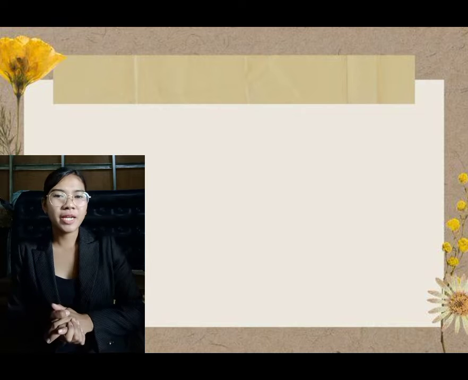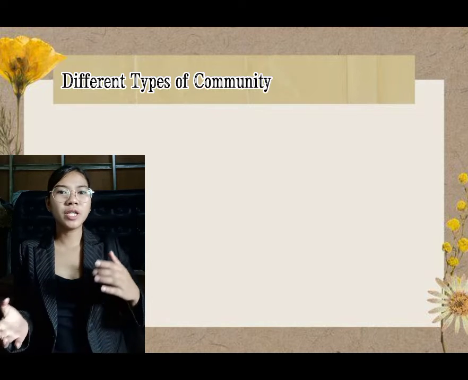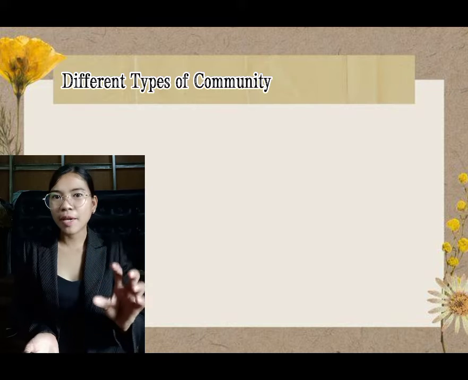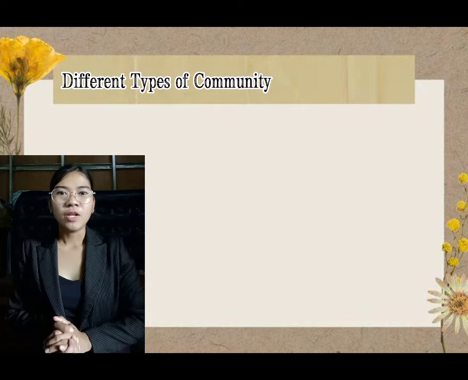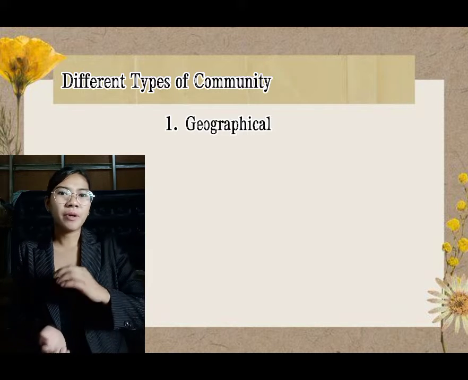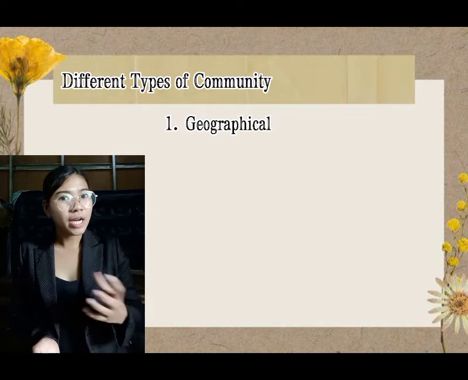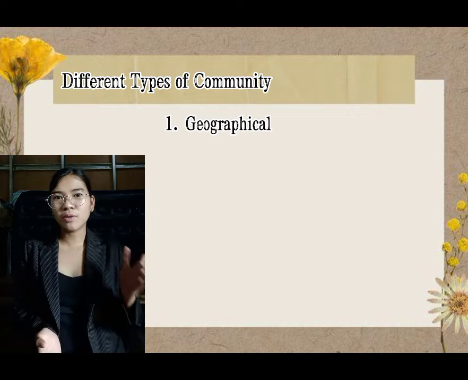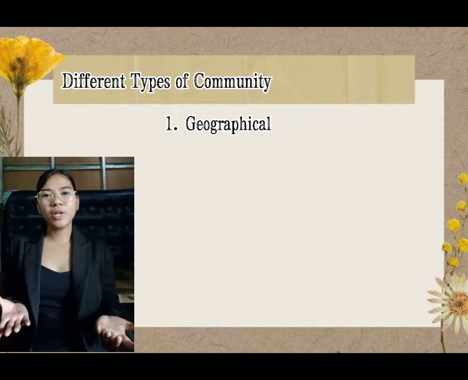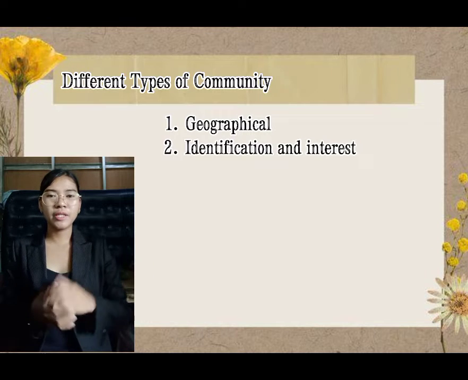Okay, after natin ma-identify ang dalawang konsepto ng community, meron naman tayong tinatawag na mga different types of community. Isa na rito ay ang geographical. So, if you are familiar with boundaries ng inyong lugar, bali sa mga sukat-sukat nito, yun ang tinatawag na geographical. Another one, we have identification and interest.